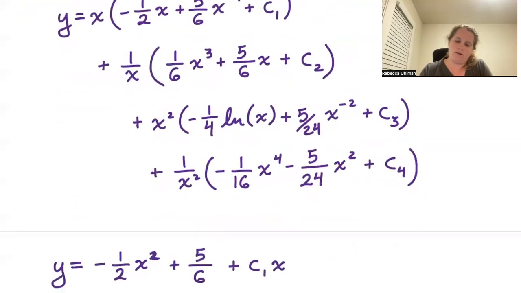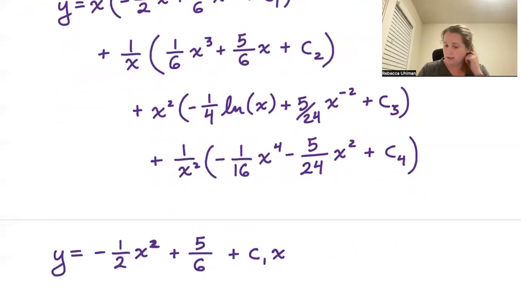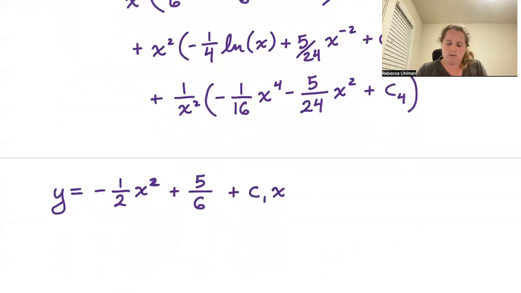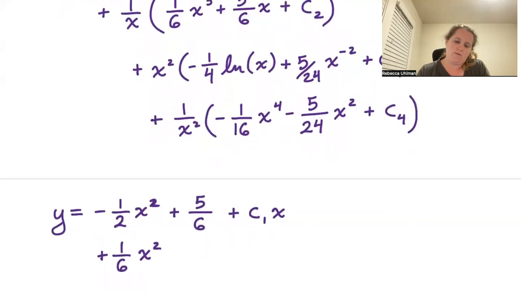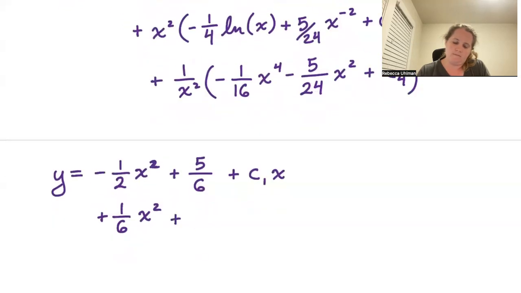Then we have plus 1/6 x squared plus 5/6 plus c2 times 1/x.